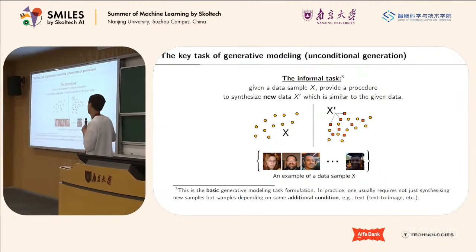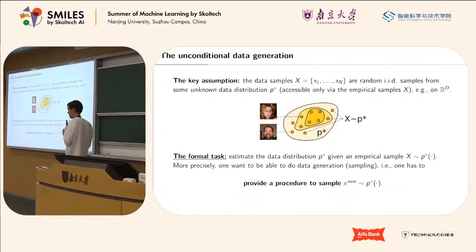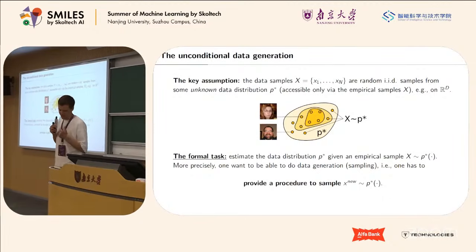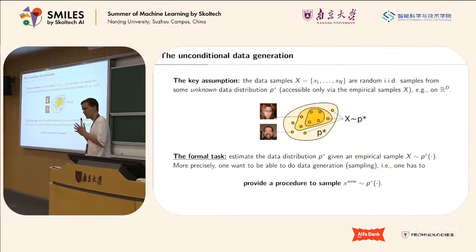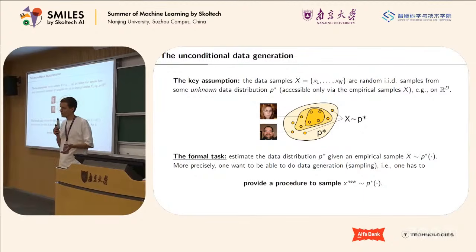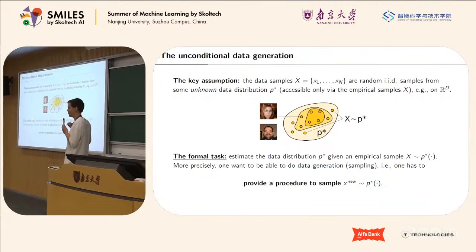How is this problem usually formalized? Within the context of modern generative models, this problem is usually considered in the probabilistic sense. Viewing this problem from the probabilistic perspective makes it much easier to work with using tools from machine learning. Formally, this problem is stated in the following way. We assume that we have some data, and this data is not just some data.